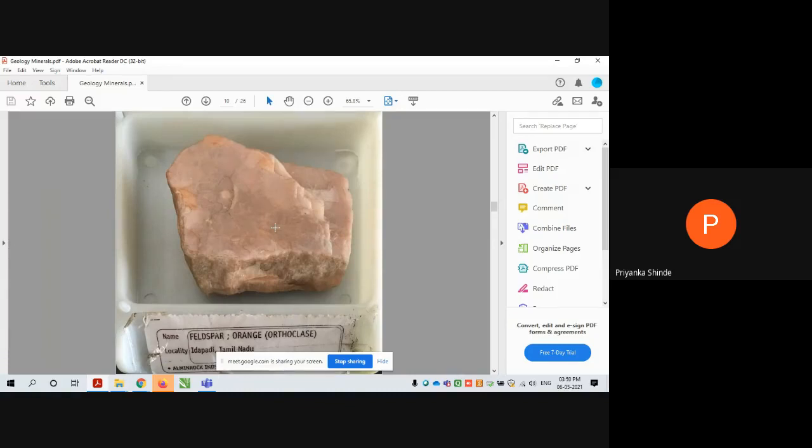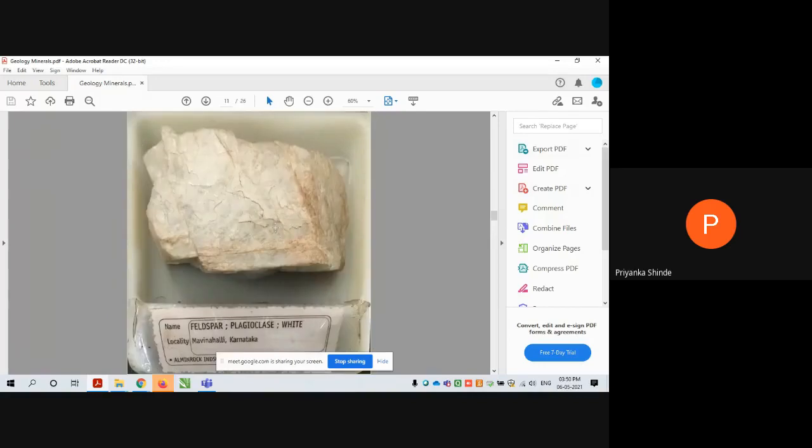Then the uses. After weathering of granite, the feldspar from the granite will form clay. It will result in clay. The best example to know that is Khanapur, which is very near to Belgaum, and it is famous for brick industries, right?